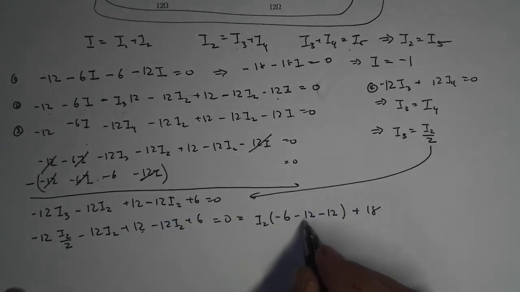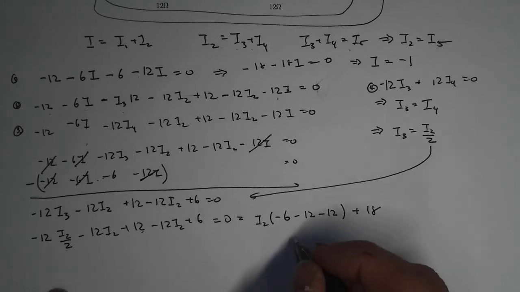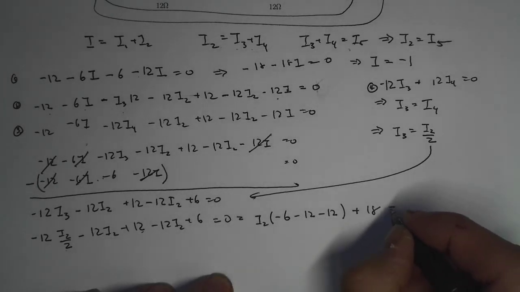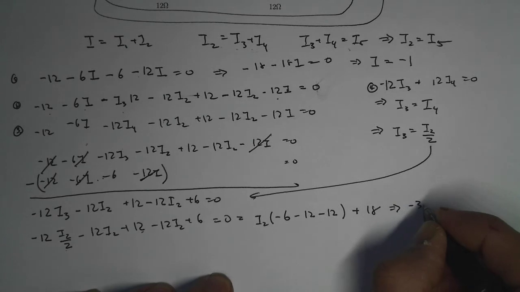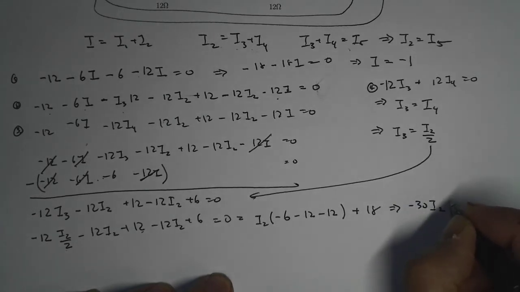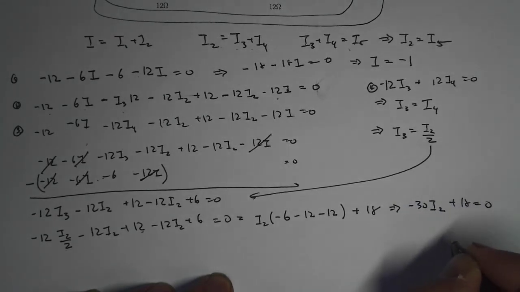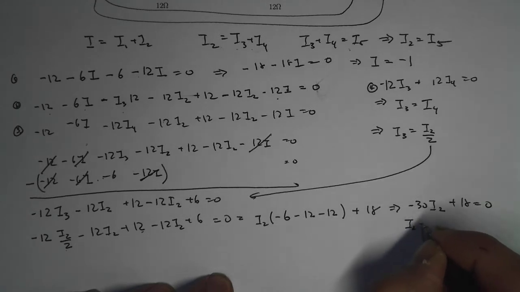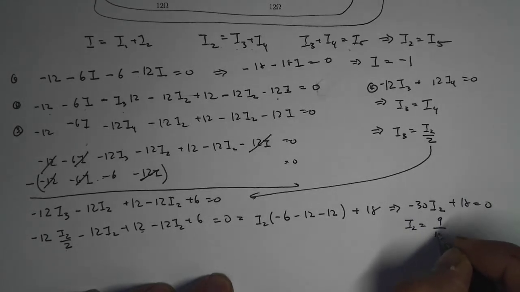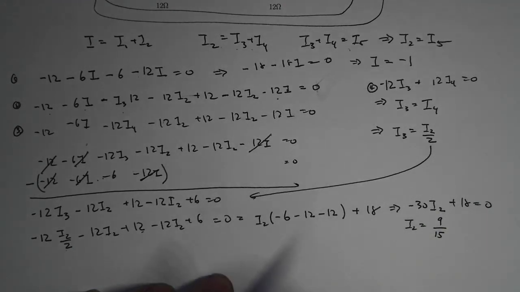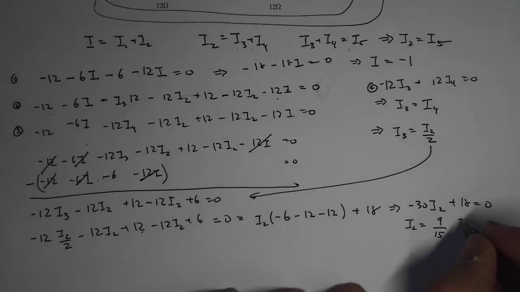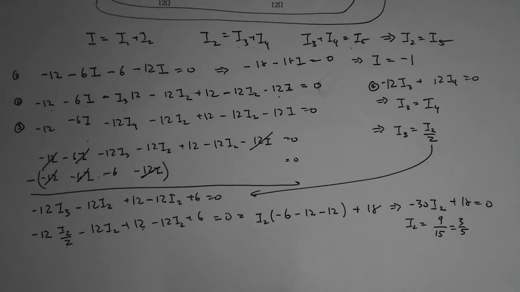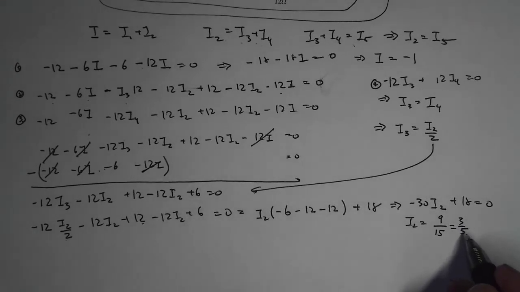So this is minus 30 i2 plus 18 equals 0, or i2 is equal to 18 over 30, which is 9 over 15. Divide by 5 again, actually, it is 3 over 5. That's very nice.